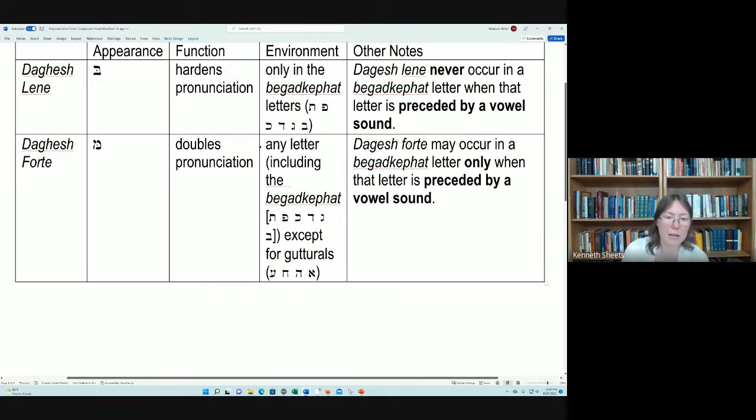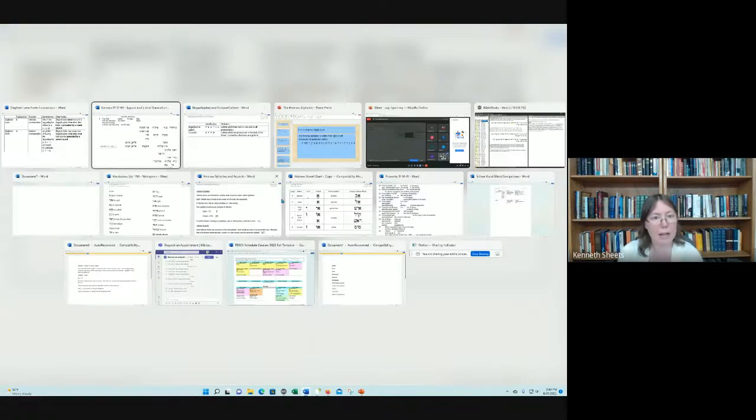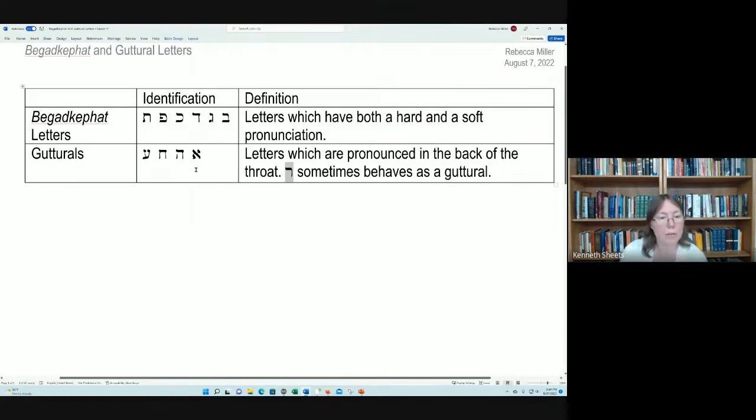And the dagesh forte can occur in any letter, including the begad kafat letters, except for the gutturals. And those gutturals, again, as we saw, are the aleph, hey, ayin, as well as the resh.